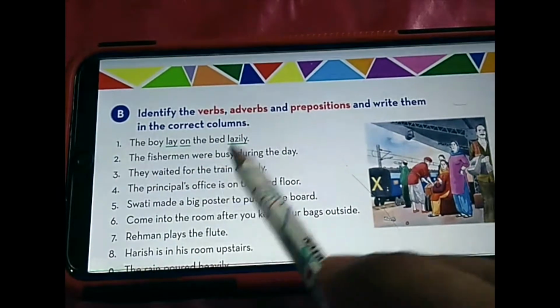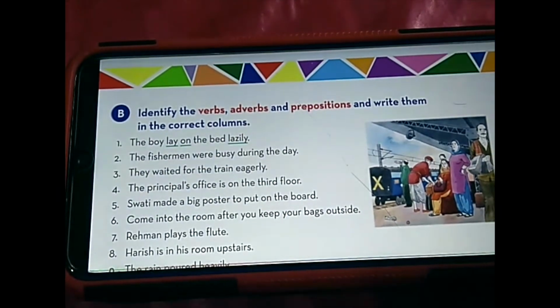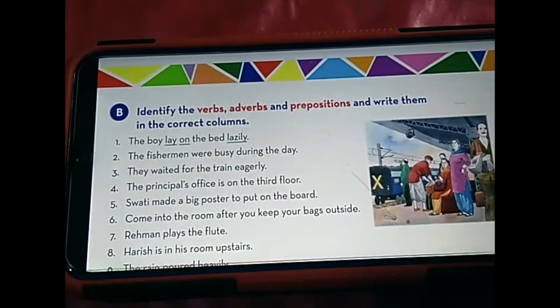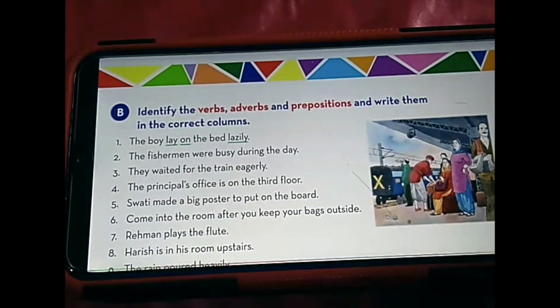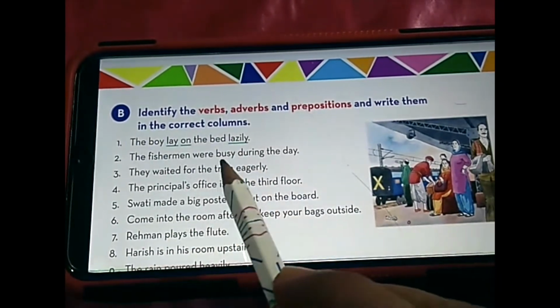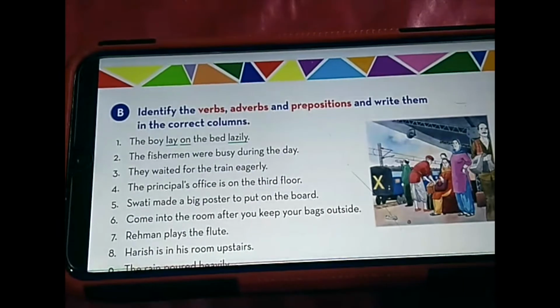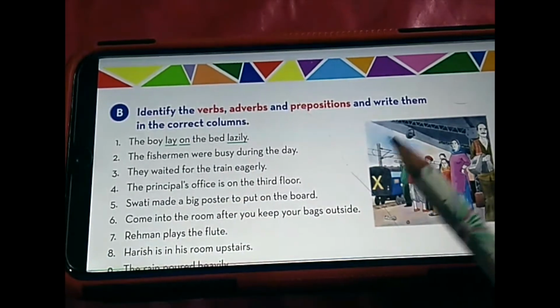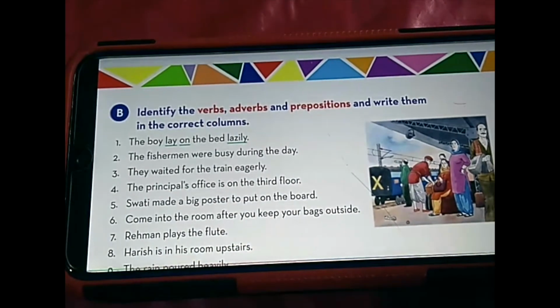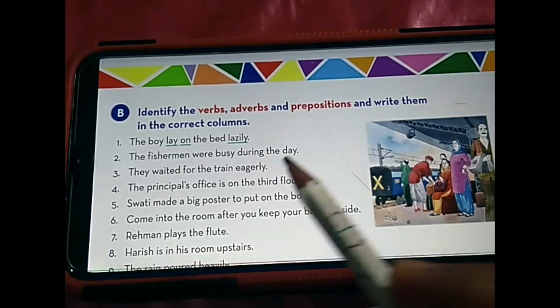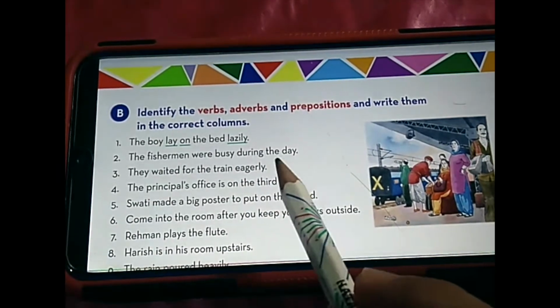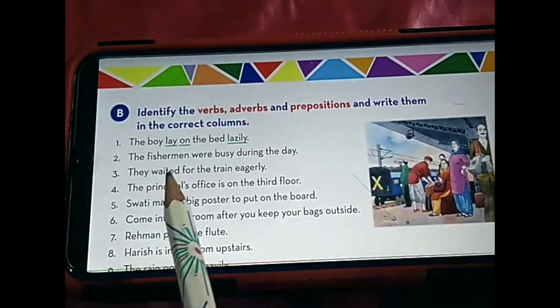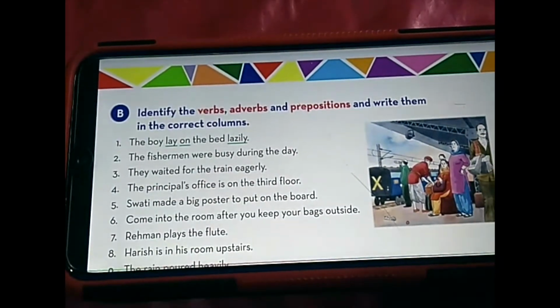Similarly, the fishermen were busy during the day. So what will be the verb here? Try to find out. Yes, busy will be the verb. Okay. And what will be the adverb? Try to find out. So there is no adverb in this sentence, students.